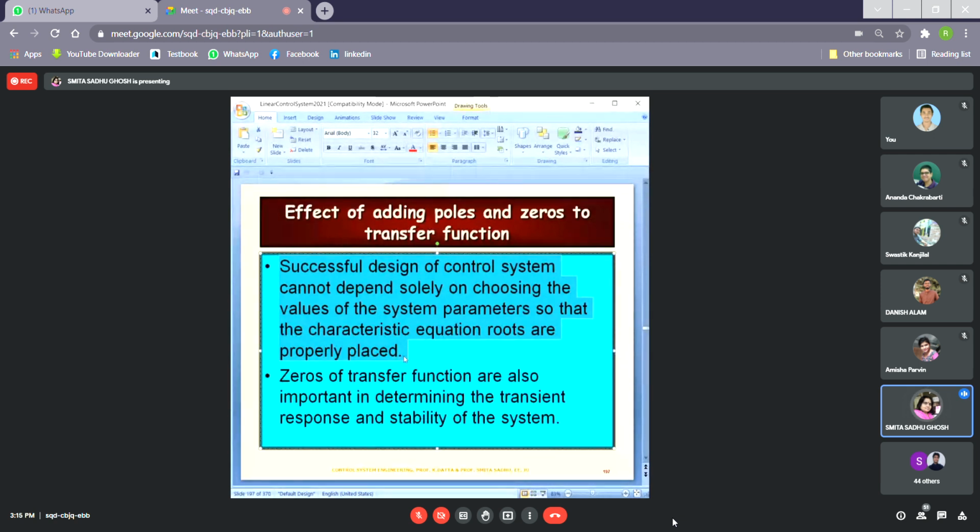Pole placement is of course essential for successful design, but the zeros of the transfer function are also important in determining the transient response and stability of the system. So the summary of the slide is that for any successful design, both the poles as well as the zeros are to be placed at appropriate locations so that your system can meet the required specifications.